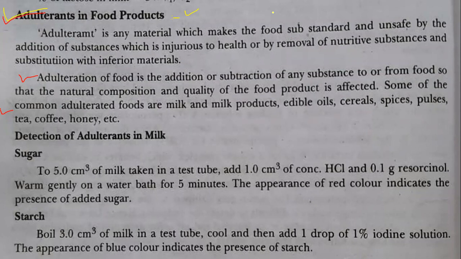The addition of adulterants is for the economic benefit of the people who are delivering the milk. That is a very bad practice in day-to-day life, and only a chemist can analyze what adulterants are there, whether adulterants are added in the milk or not.